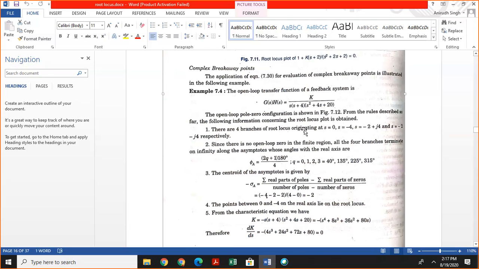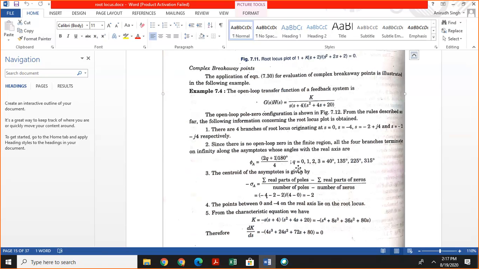Then there are 4 poles. It means there are 4 branches, and there are no zeros in this open loop transfer function. It means that all the four branches terminate at infinity along asymptotic lines. The angle of asymptotic line is given by this equation, and q is given by 0 to P minus Z minus 1.